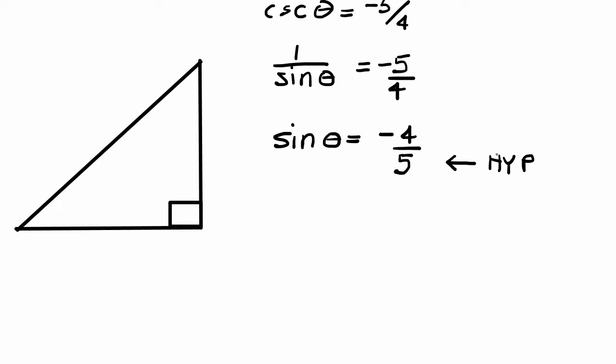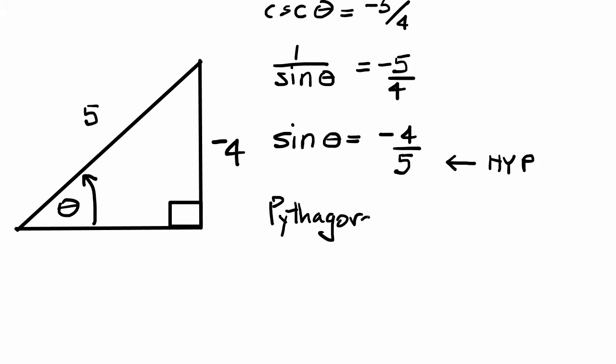Now we know that the 5 is positive because the 5 is the hypotenuse, and the hypotenuse is always positive. So 5 is here, theta of course is here, and we know sine is the opposite over the hypotenuse, so that's minus 4. So we need to find then the x value, and we can use Pythagoras to find the x value.